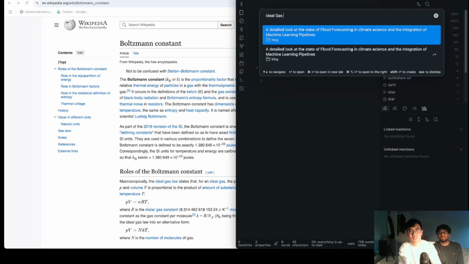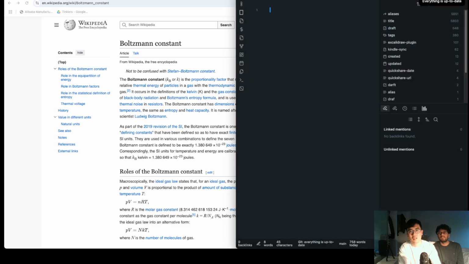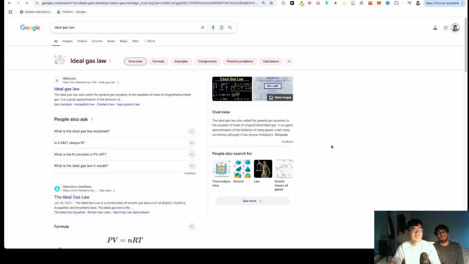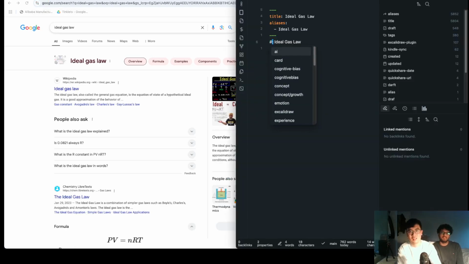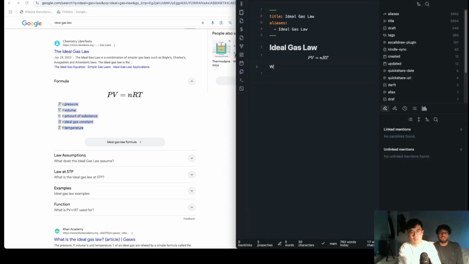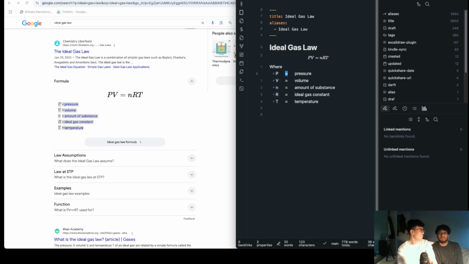Ideal gas law, is that what it's called? Are you sure? PV equals nRT. Multi-line insert, isn't that cool? Yeah, you're so good.